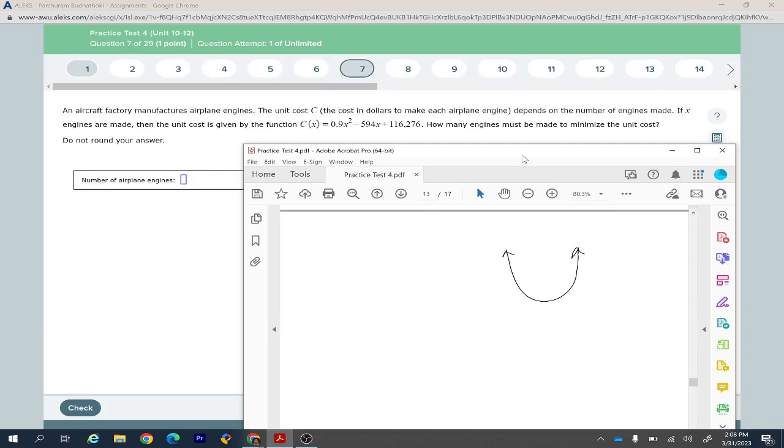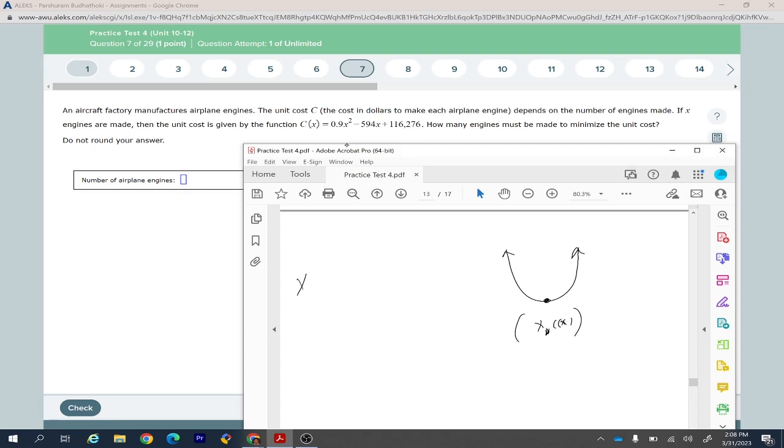So this is the parabola you're going to get, and to find the number of engines which gives you the minimum cost, you need to find the vertex (x, c of x). If they ask you the number of engines, that's the x. If they ask you the minimum cost, you need to find the value of c of x. Sometimes they ask you x, sometimes they ask you the y, meaning the value of the function.